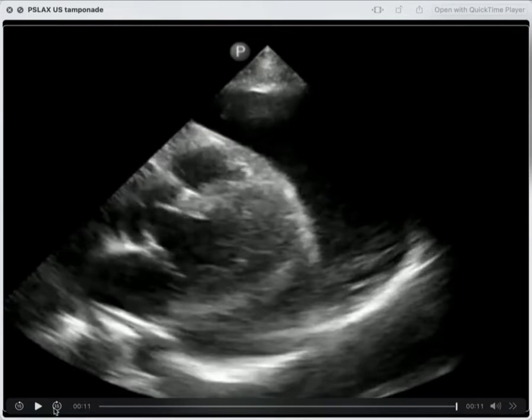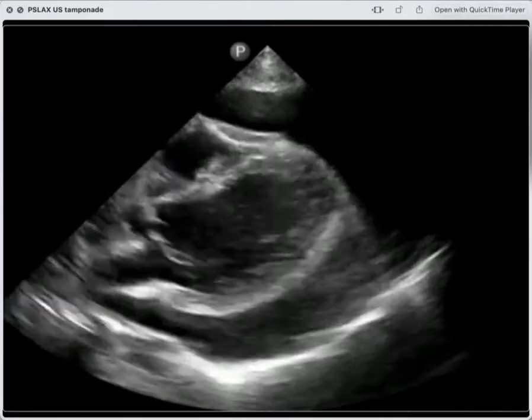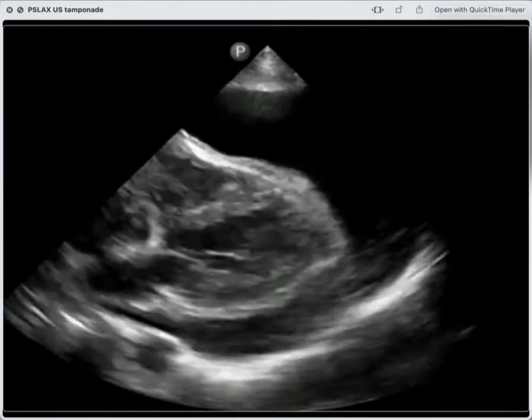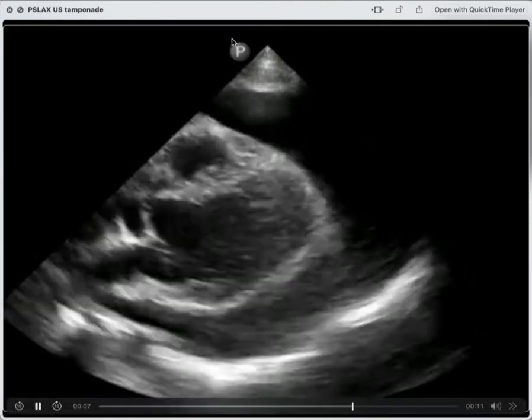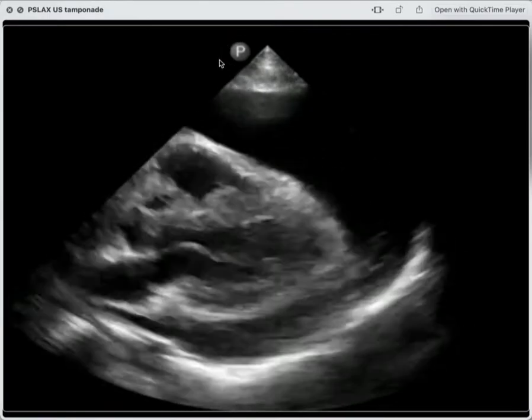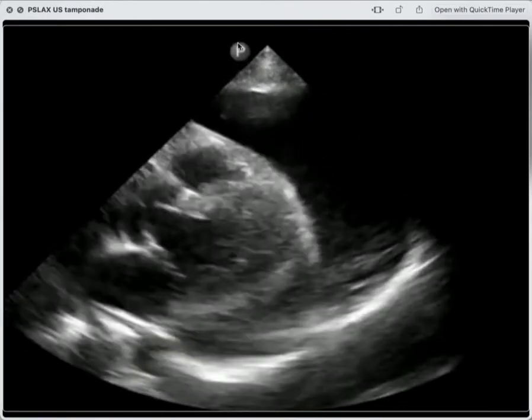So you can see that this is kind of a backwards parasternal long axis. They have the ultrasound set up for a FAST exam or abdominal setting, which is okay. Most cardiacs are on the right side of the screen here.